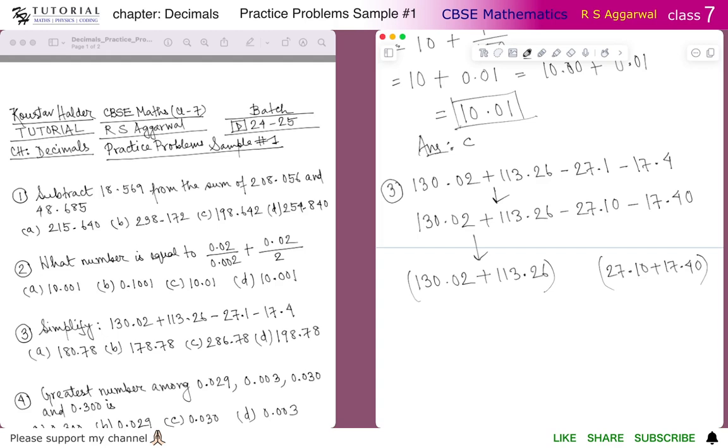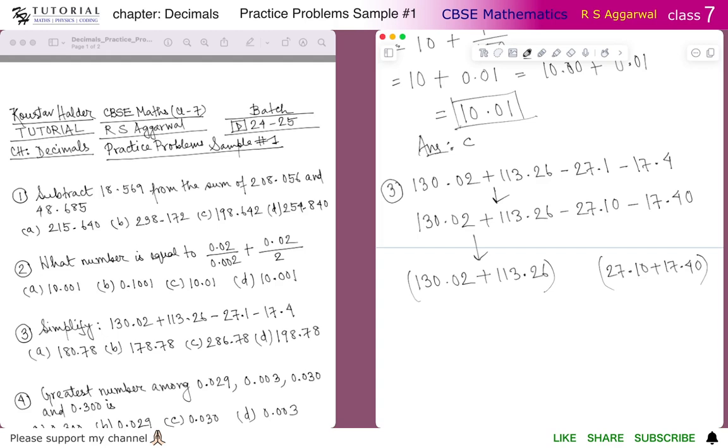The numerical value of a number means just the value ignoring its sign, that is positive and negative sign. Numerical value of minus 4.2 is 4.2. Numerical value of 6 is 6. Numerical value of minus 10 is 10. Numerical value of minus 1.1 is 1.1.